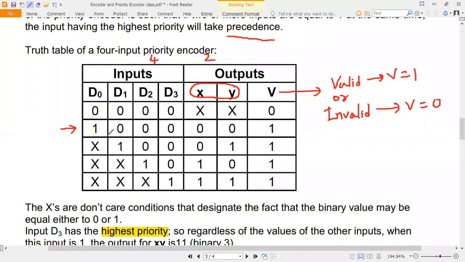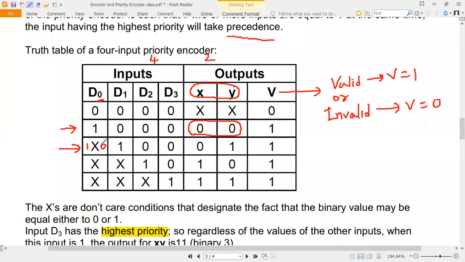So here I am going to explain about the 4:2 priority encoder. See here, D0 equal to 1, so the output will be 0, 0, which is the binary equivalent of the input 0. Next, see this row. Here this cross represents 1 or 0. It can be either 1 or 0.